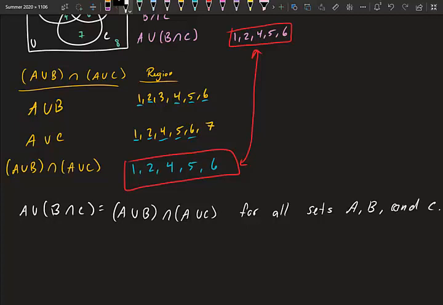So instead of saying yes, we could say A union B intersection C equals A union B intersection A union C for all sets A, B, and C. That's a horrible A. There we go.